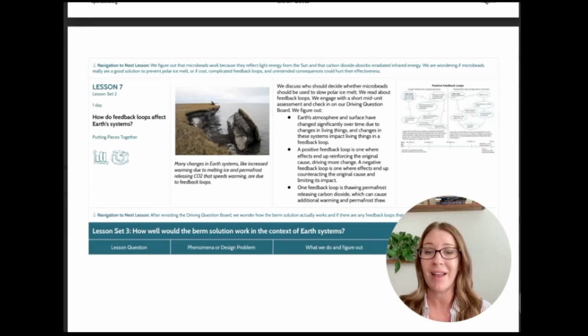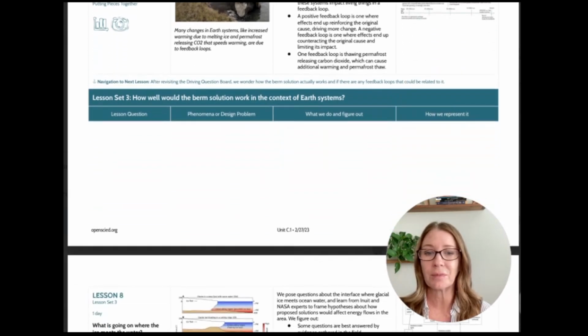And they identify that it's a positive feedback loop in the transfer task, because when the permafrost thaws, it releases more carbon dioxide, and then that heats the atmosphere more, which then, of course, thaws more permafrost. So that is figured out in the transfer task.